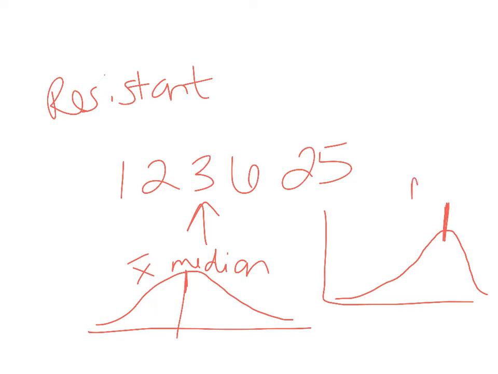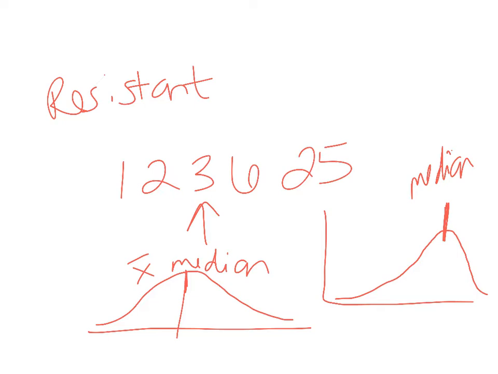Because when it goes so high up here, I've got more data points in that area. And again, median is just about the number of data points on each side of the particular point. Our mean is going to end up a little bit more down the tail.